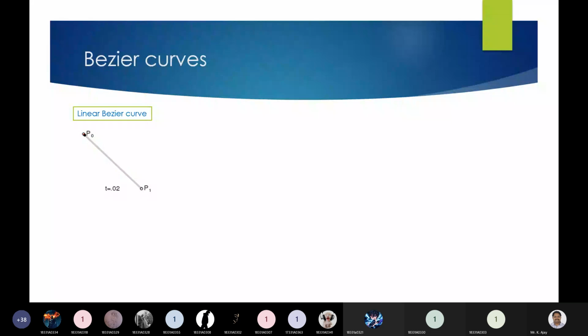In that case, the red color one, the dark color dot, denotes various points on the curve. Of course, here it is a straight line. The Bezier curve becomes a straight line. It's in linear form and only 2 points are given to you.